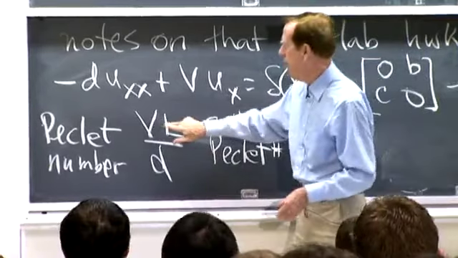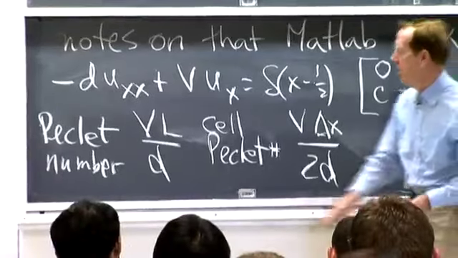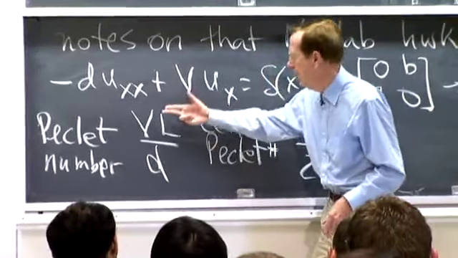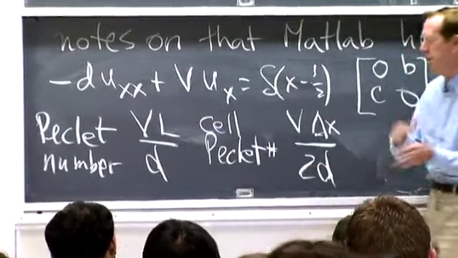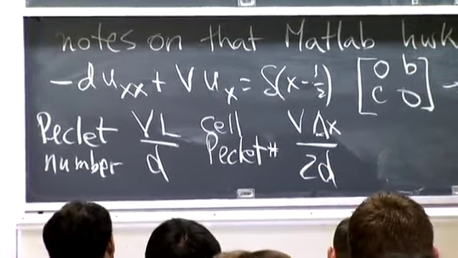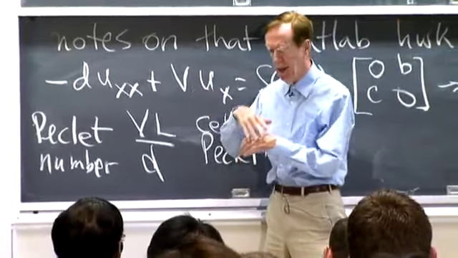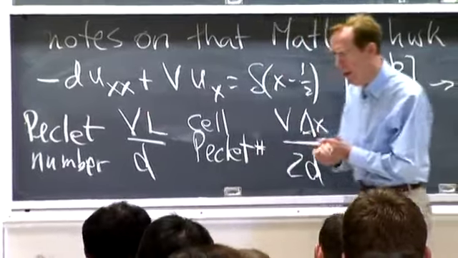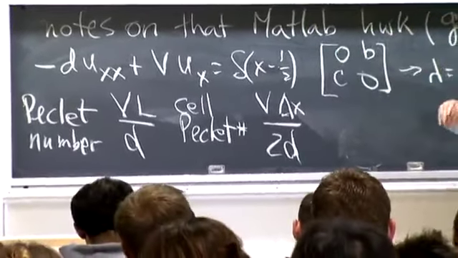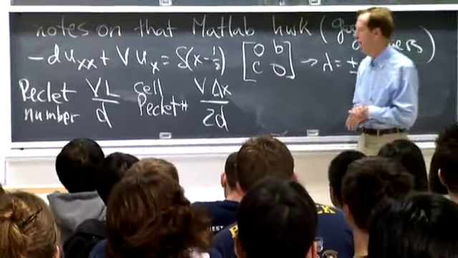So it's V times a length scale in the problem divided by D. That has the same units, so the result is dimensionless. Maybe you know the Reynolds number. This is very like the Reynolds number, which also measures, in the Navier-Stokes equation, the importance of convection, advection, and diffusion.